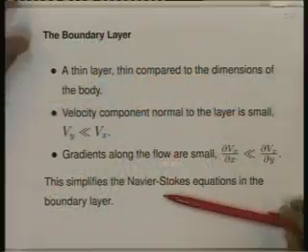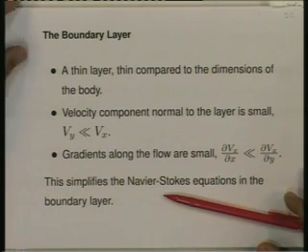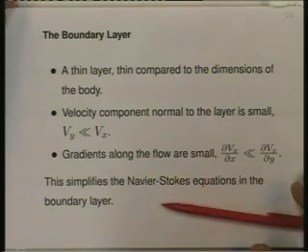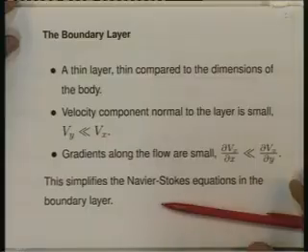Now these characteristics, particularly these significant inequalities, simplify the governing equations of fluid flow. That means the Navier-Stokes equations in the boundary layer can be reduced to significantly simplified forms.